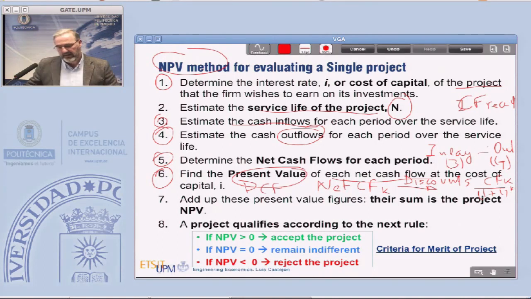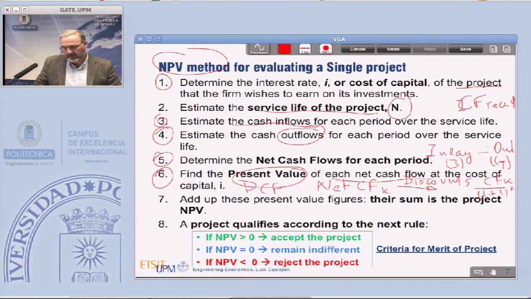So when I say a discounted cash flow, what you have to think is that I'm taking a future cash flow, for example, in year 3, and the discounted cash flow of year 3 is that I have divided the cash flow of year 3 by this term of 1 plus i to the power of k.